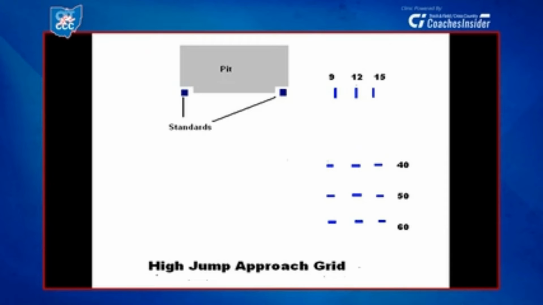This is nice to have out there because if I want to put a high jumper at 9 feet wide and 50 feet back, well, we know this is the 9-foot check mark, the bottom check mark, and 50 is here on this vertical line. So the approach is all set for you. Now, it's not always that neat, of course, but let's assume we have a jumper whose approach is 10 feet wide, but 53 feet back.